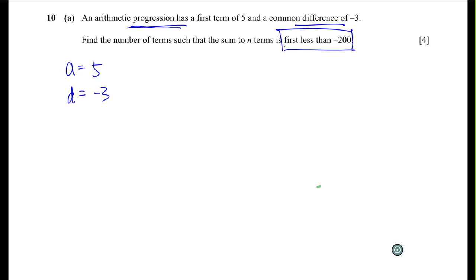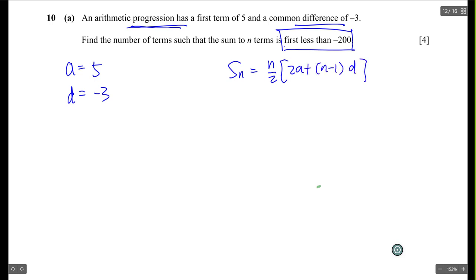So the sum of n terms is called Sn. There's a formula for Sn here: n over 2 and then 2a plus n minus 1 d. So this is just a formula. Over here they want the Sn to be first less than negative 200. I will not put the equal because it cannot be equal to negative 200, right?